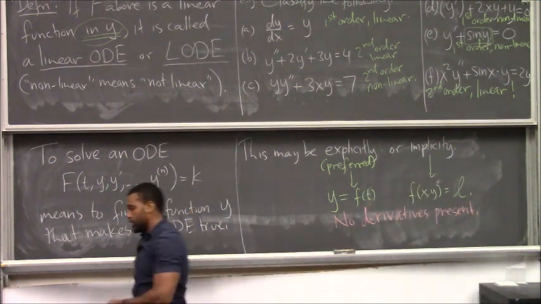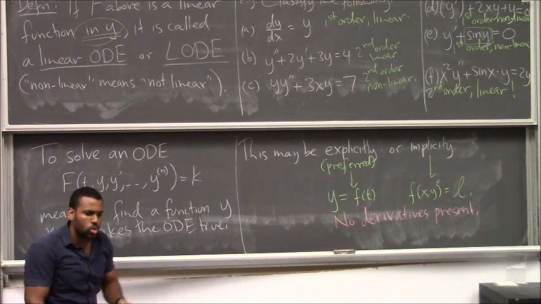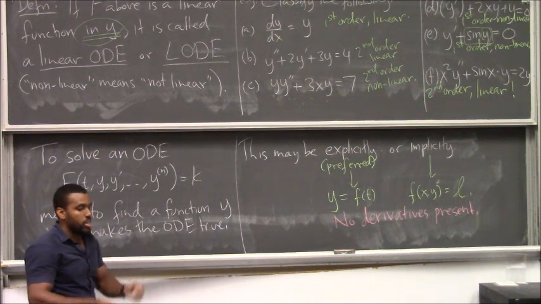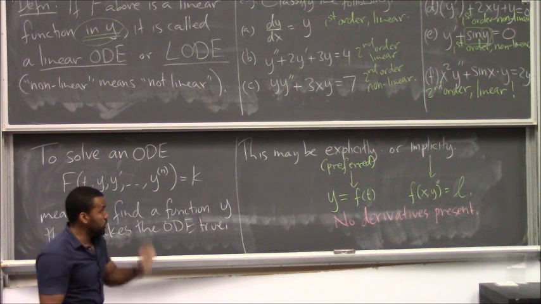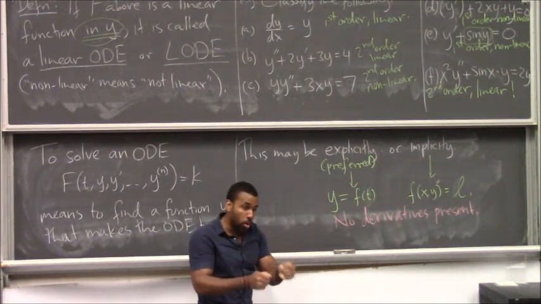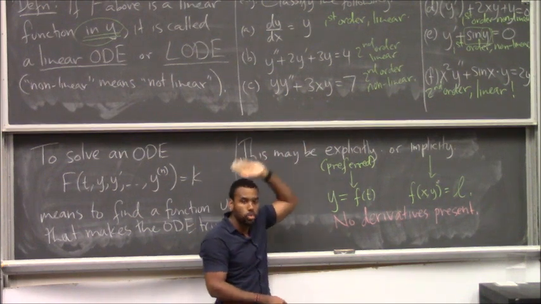So I'm going to give you a differential equation. You're going to classify it in your head. You're going to say, oh, that's a second order linear, I know what to do. You're going to go through some method that I will be teaching you. At the end of that method, you should have a statement like this or like that, from which, if I plug it into the original equation I gave you, it will be a true statement.